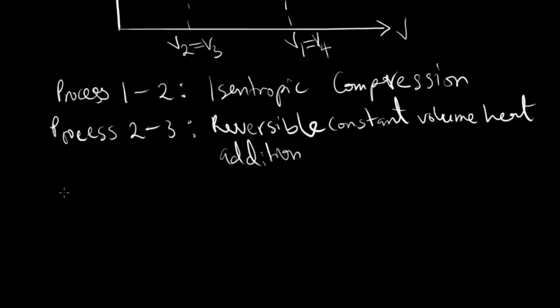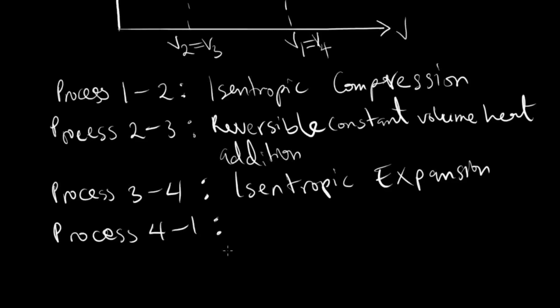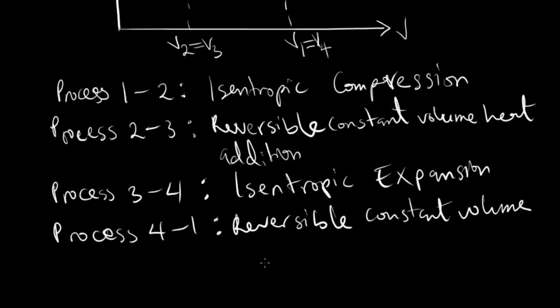Okay, so process 3 to 4 is isentropic expansion. Now process 4 to 1 is irreversible constant volume heat rejection.